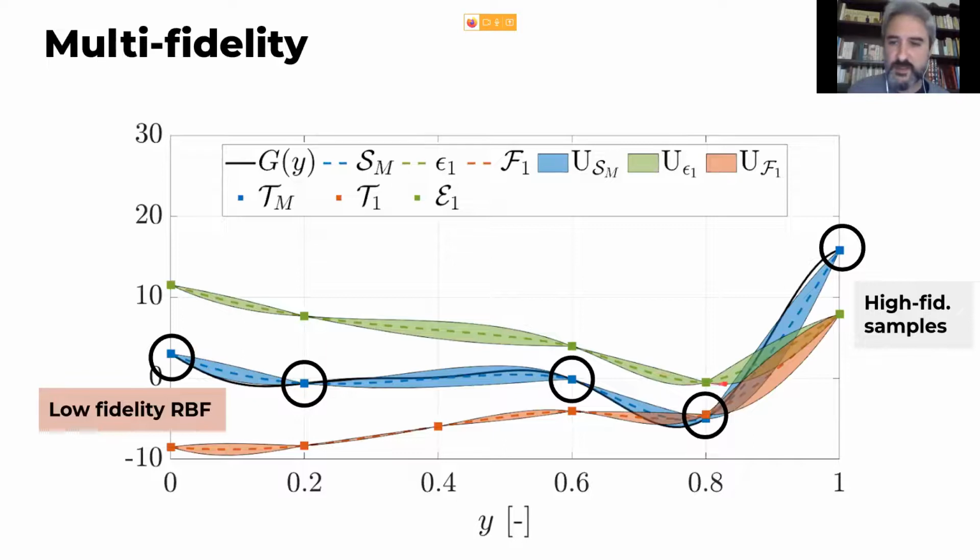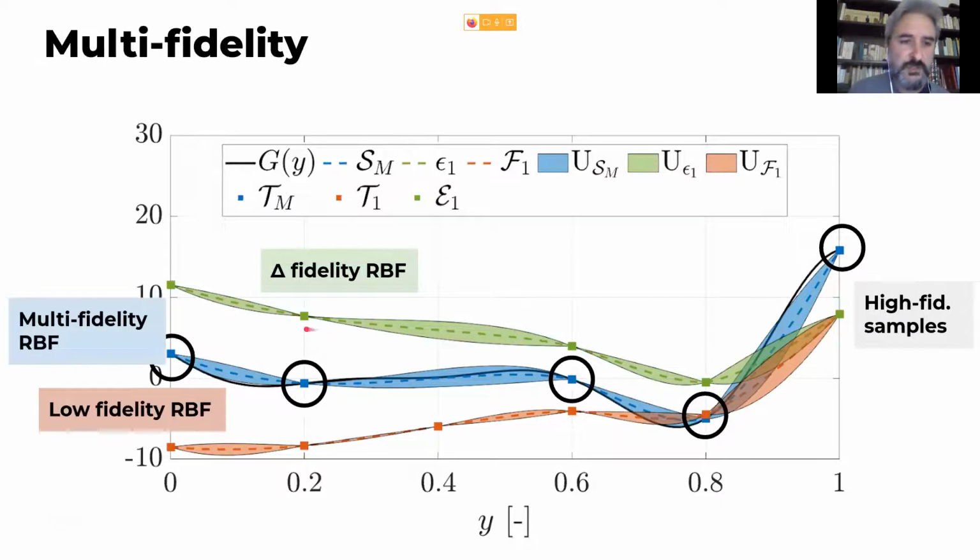With these higher fidelity samples, you would be able to build the surrogate of the difference between the low and the high, and then you compute the multi-fidelity radial basis function by summing the delta to the low fidelity. So it's again a telescopic sum construction.